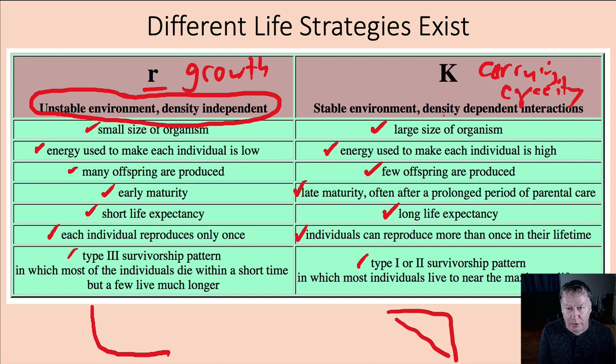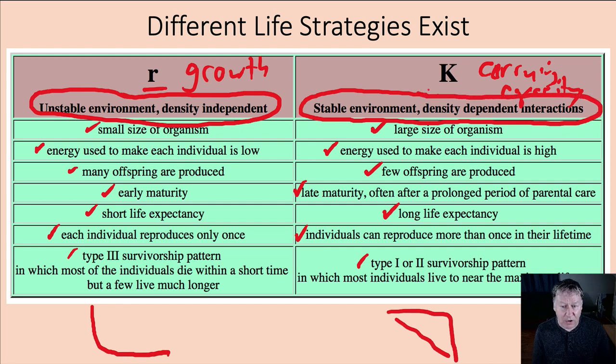K-selected species, on the other hand, tend to live in much more stable environments that are regulated mainly by density-dependent interactions. So here we have interactions that tend to balance us and stabilize us around a carrying capacity. Life is much more predictable and easy.